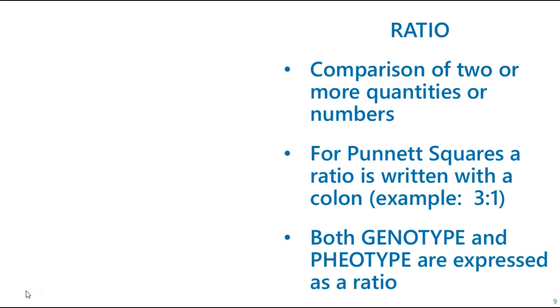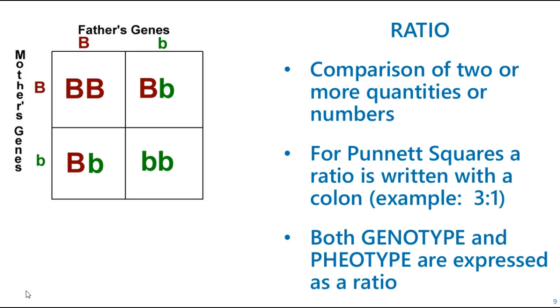For Punnett squares, a ratio is written with a colon separating two or three numbers, for example, a 3-to-1 ratio. The colon stands for "to." Both genotype and phenotype can be expressed as a ratio in a Punnett square.